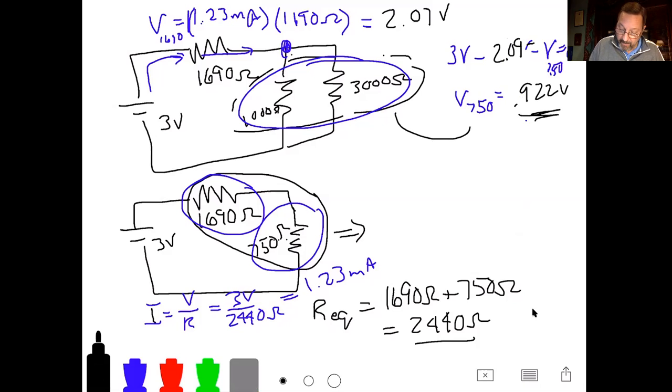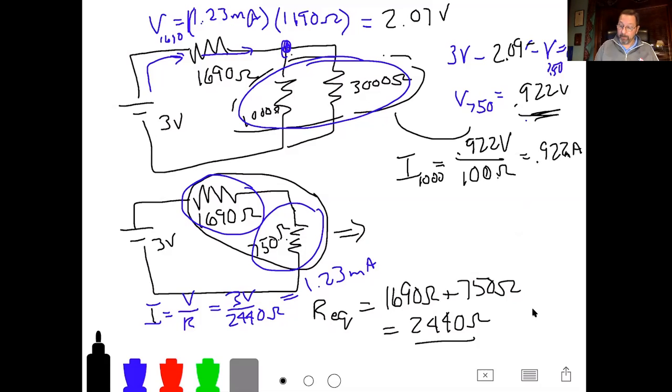Okay, so that must mean, finishing up the problem, that the current which is going through the 1000 ohm resistor is 0.922 volts divided by 1000 ohms. Okay, and that's what's going through the 1000. So that would be 0.922 milliamps, because a volt divided by an ohm is an amp.